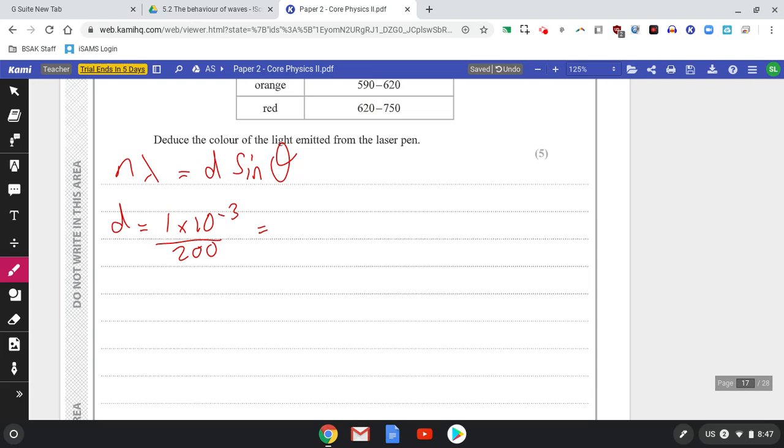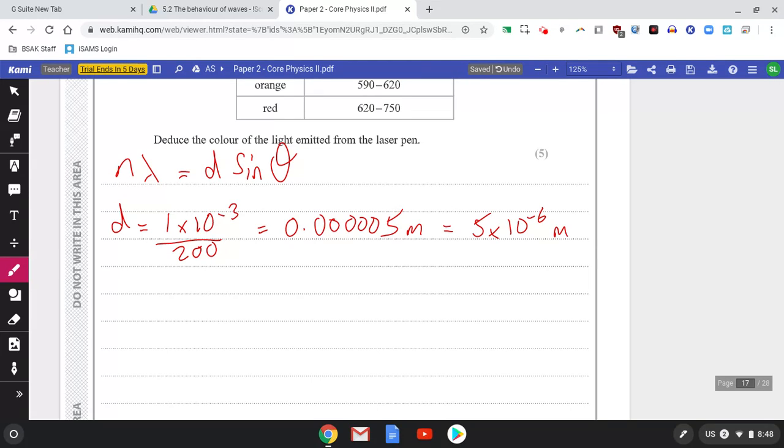That gives us 0.000005 meters. Be nice to get that to standard form, wouldn't it? 1, 2, 3, 4, 5, 6. So 5 times 10 to the minus 6 meters. Easy peasy. Right, we just need to find theta now, don't we?